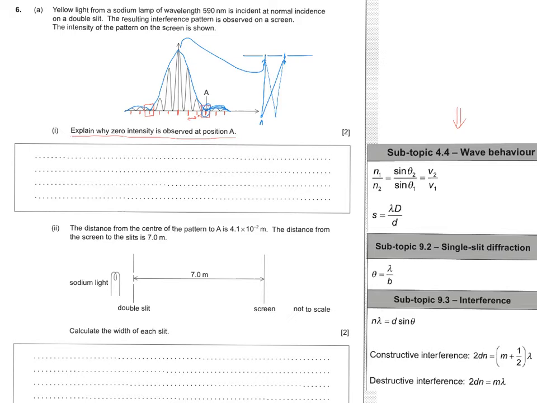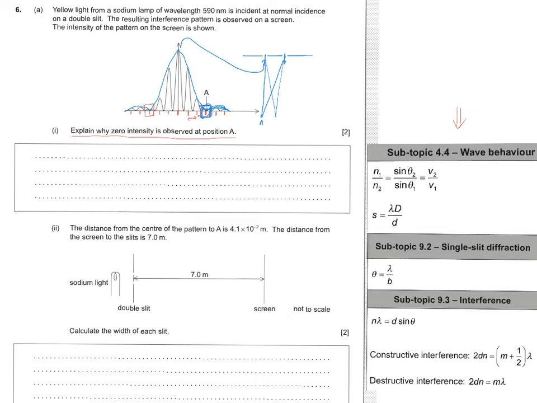And what happens when you superpose nothing and nothing? You get nothing. So even though they're constructively interfering, which is what the double slit interference says, that they should constructively interfere at that point, when you constructively interfere nothing and nothing, you still get nothing. So why is zero intensity observed at position A?